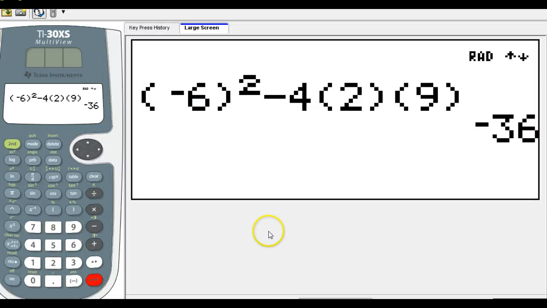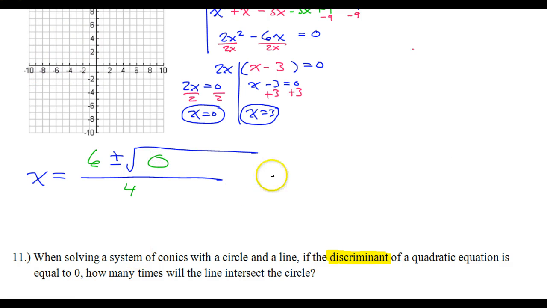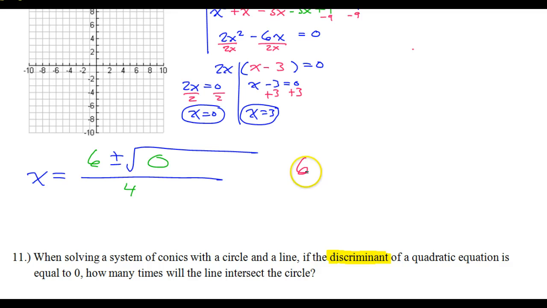Let's check that out. If the discriminant were 0, imagine instead of a 36, this was a 0. What would happen then? Well, the square root of 0 is just 0. So this would give me 6 plus or minus 0 over 4.